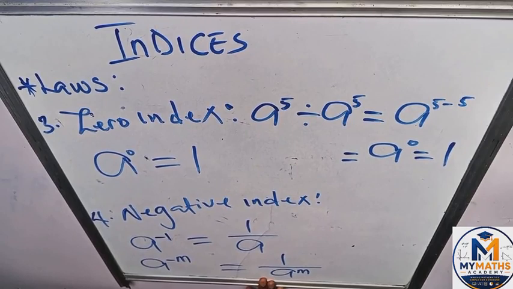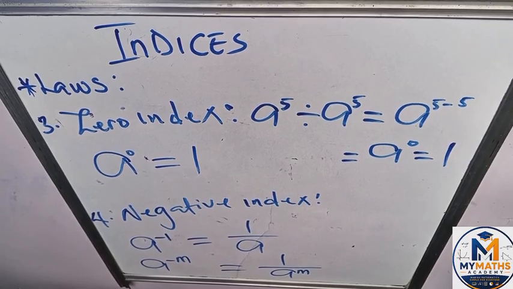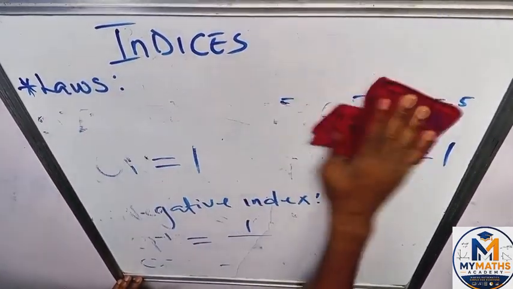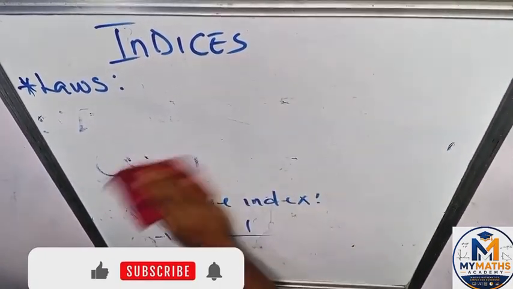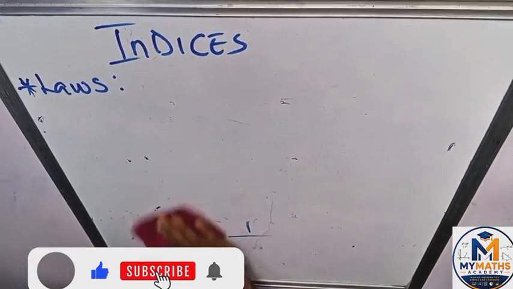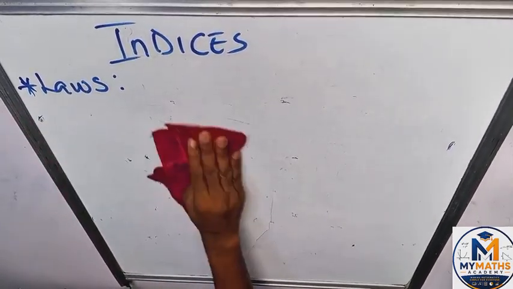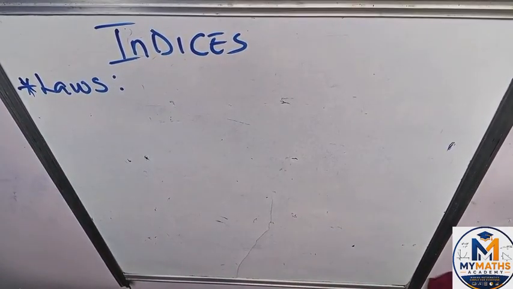This is what the negative index actually means. Is that clear? So these are certain rules. We're going to look into more rules that will guide us while solving this, because with indices, the rules must be respected. It really must be respected, and without the rules, you won't be able to solve the questions.